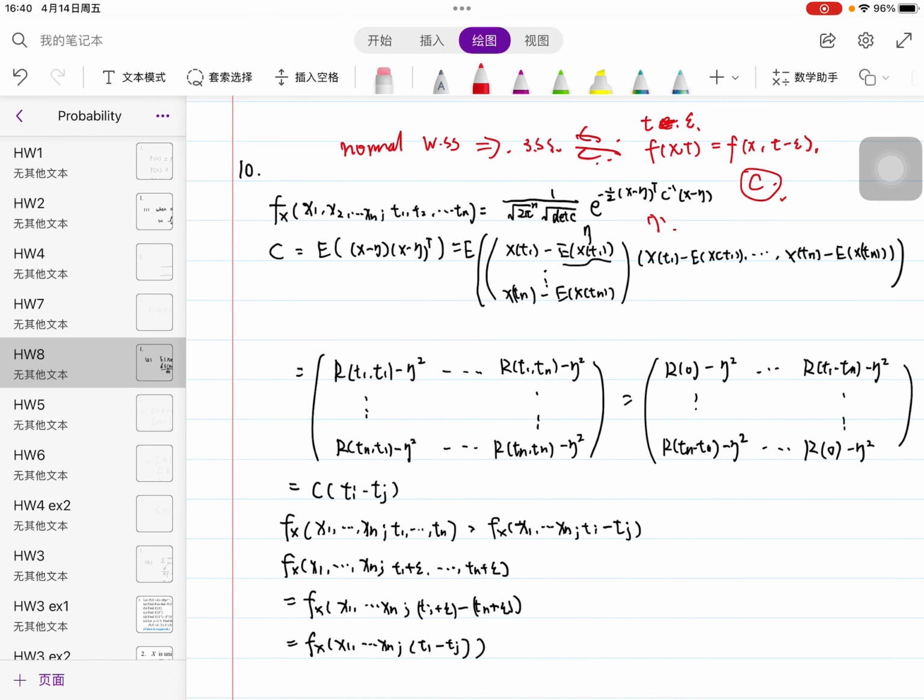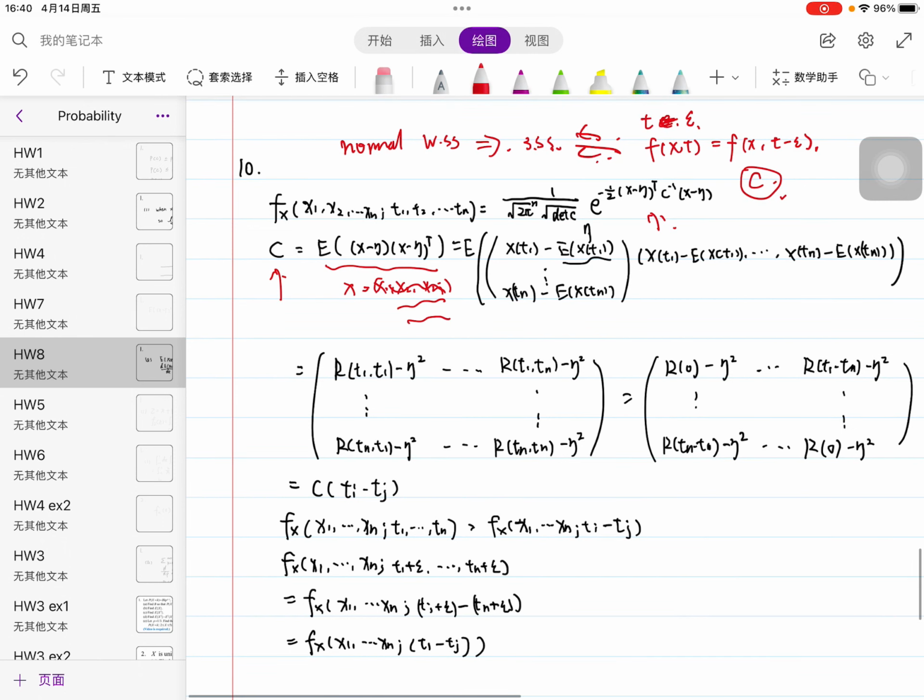So here this auto covariance matrix is equal to this, and here X is a matrix, x1, x2, to xn, like this.